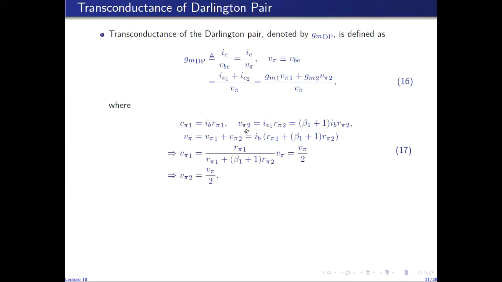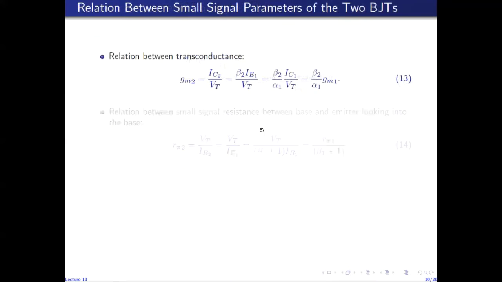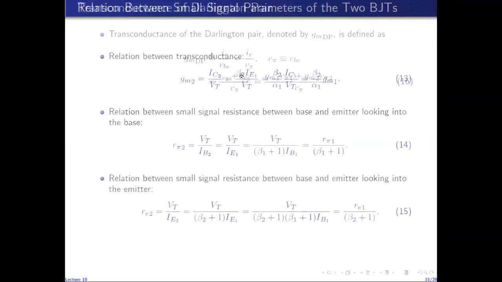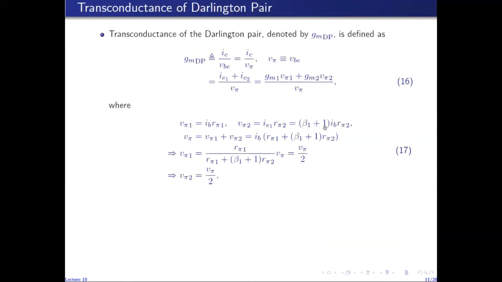Whereas v pi2 is given by the base current of the second transistor times r pi2, and the base current of the second transistor is equal to the emitter current of the first transistor. So IB times r pi1 is v pi1, and then IB2 times r pi2 is v pi2, but IB2 is equal to IE1, which is the sum of these two currents, IB1 and beta 1 IB1. So IE1 is given by beta 1 plus 1 times IB.